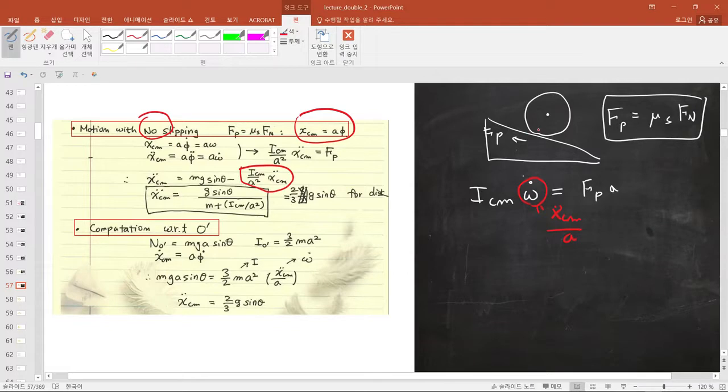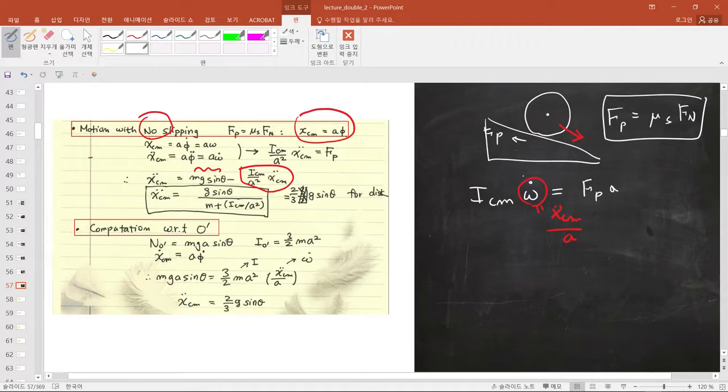Okay, this is Fp. So the gravitational force accelerates. This one is mg sine theta, and this one is Fp. Okay, minus I central mass over a squared times x central mass.